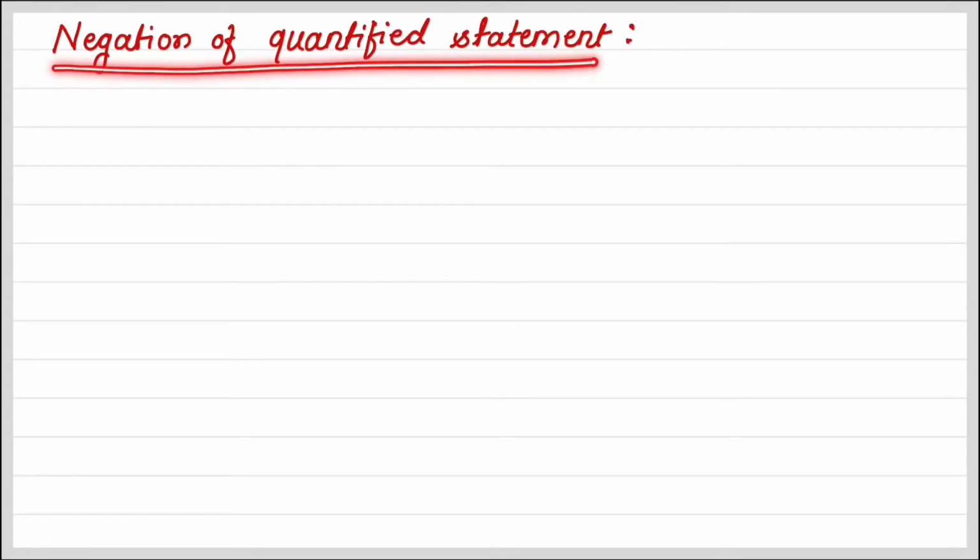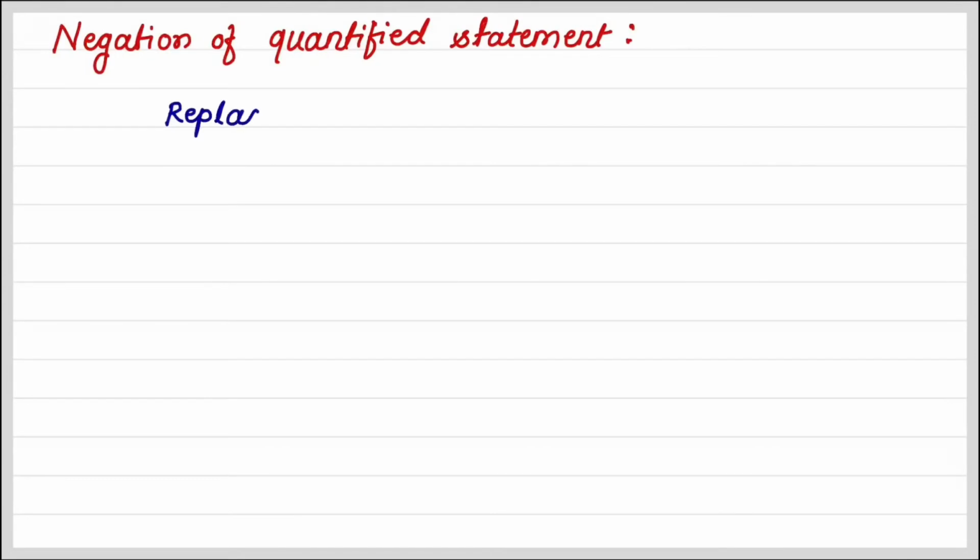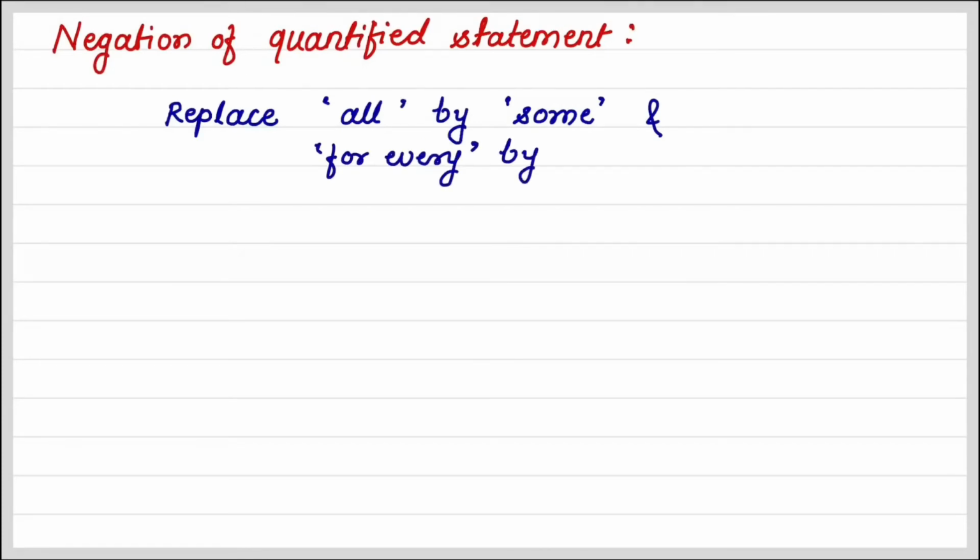To obtain negation of a quantified statement, we have to just replace "all" by "some" and "for every" by "there exist". Remember this. To understand this negation of quantified statements, we have to see some examples.